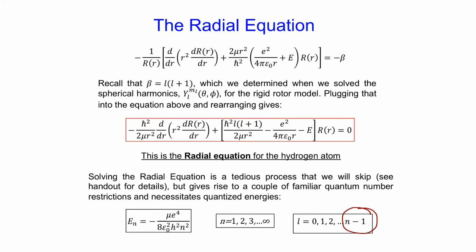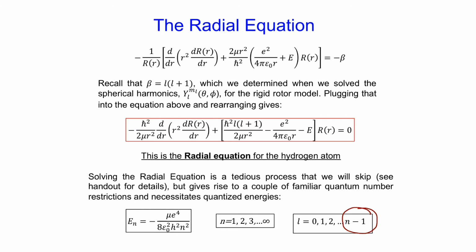Hopefully you noticed that this expression for energy, our quantized energy levels, that comes out of solving the radial equation, is exactly the same as what Bohr came up with when he was determining the quantized energy levels of the hydrogen atom. Remember, Bohr obtained this expression basically through trial and error.